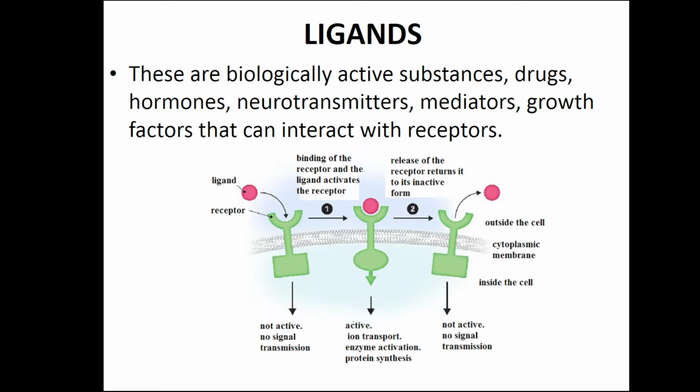The receptor changes structure and can activate, and the result of this activation will be, for example, ion transport or enzyme activation or protein synthesis. And then step number 2, the ligand needs to go away, and the receptor will return to its first conformation or shape, and again be ready for connection with the next dose of ligand.